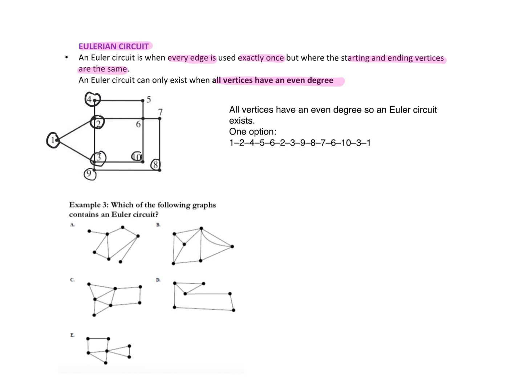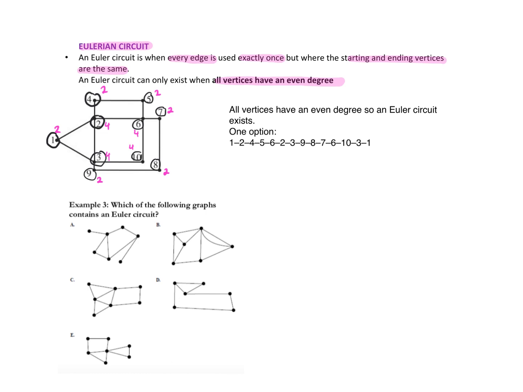That's their label; we will normally call them letters. Now the degree of 1 is 2, 4 has a degree of 2, 2 has a degree of 4, 3 has a degree of 4, 9 is 2, 8 is 2, 7 is 2, 5 is 2, this one's 4, and this one's 4. So you can see they're all even.